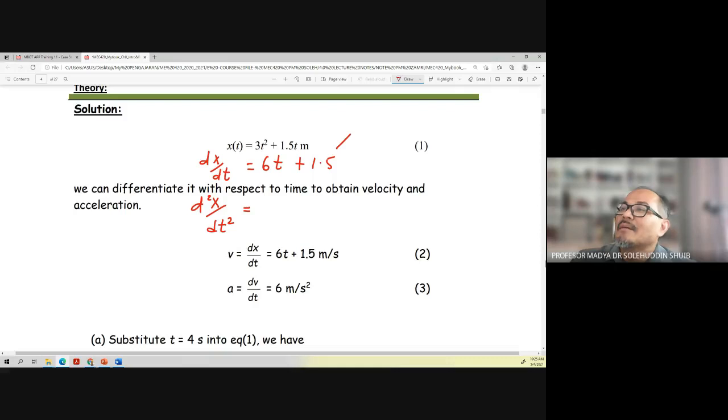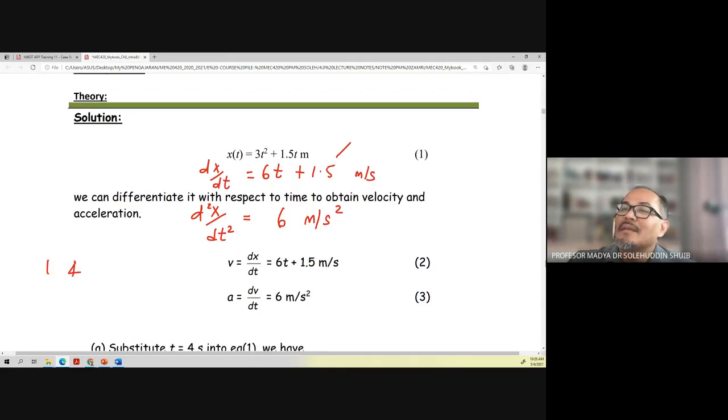Okay. No other t here, so you only have a constant. Okay. So we have the unit here, this is meter square. Okay. And then you want to substitute if you are given what will happen after 4 seconds, for example, t equal 4.